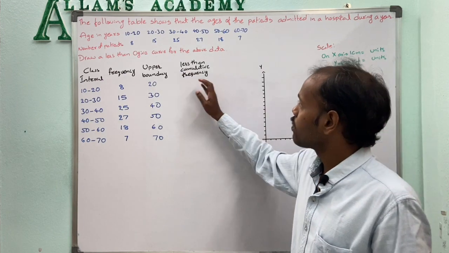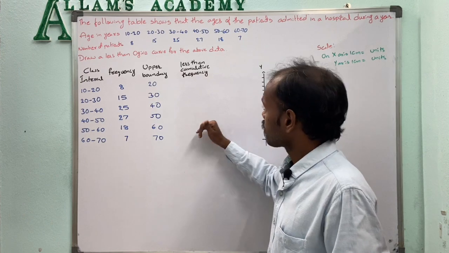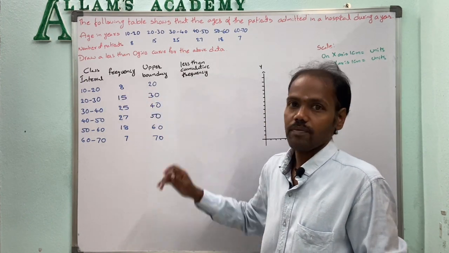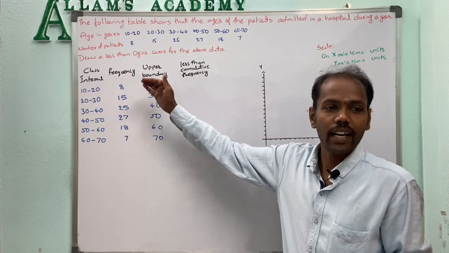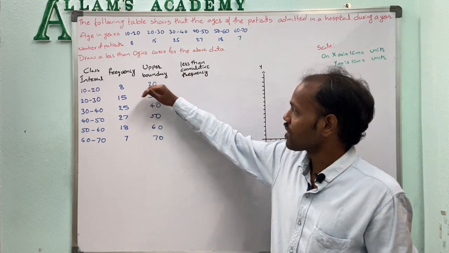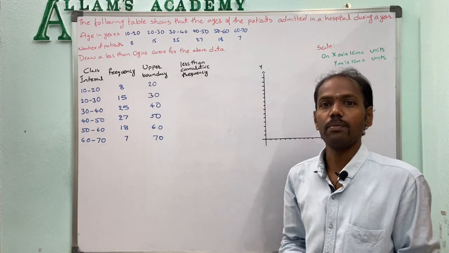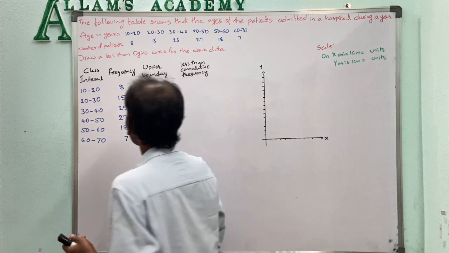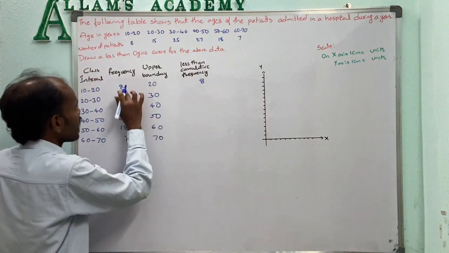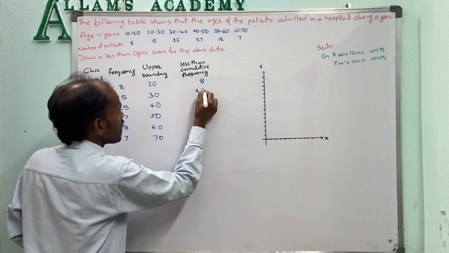Next we have to find the less than cumulative frequency, as we already found in median. From top to bottom, we add the corresponding previous frequencies, and the sum gives the less than cumulative frequencies. So the first value we take as 8, and the next one is 8 plus 15, that is 23.